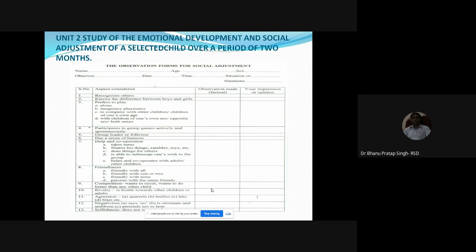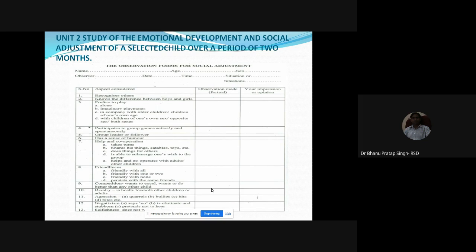This is the third activity. Sorry, it is a continuation. This is the form that you have to attach with this activity. And as far as social adjustment is concerned, write the name of the child, age, gender, name of observer, date, time, situation, and these are the aspects where you have to observe and write your opinion.